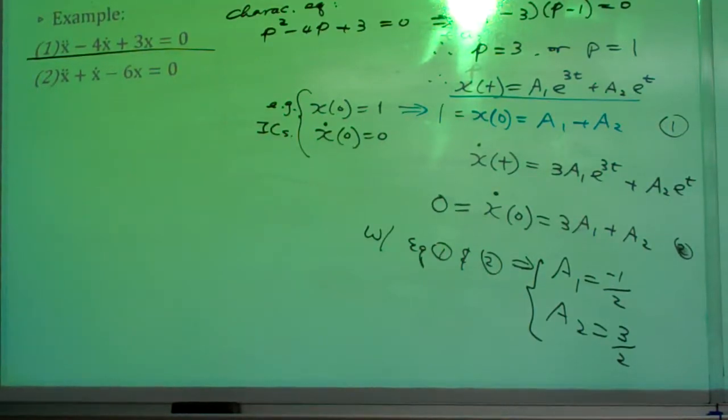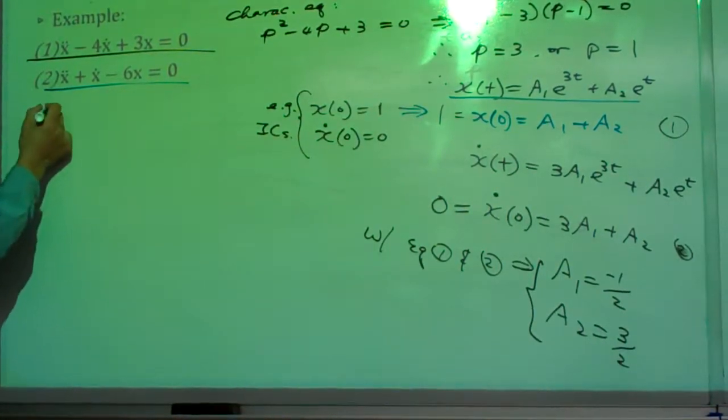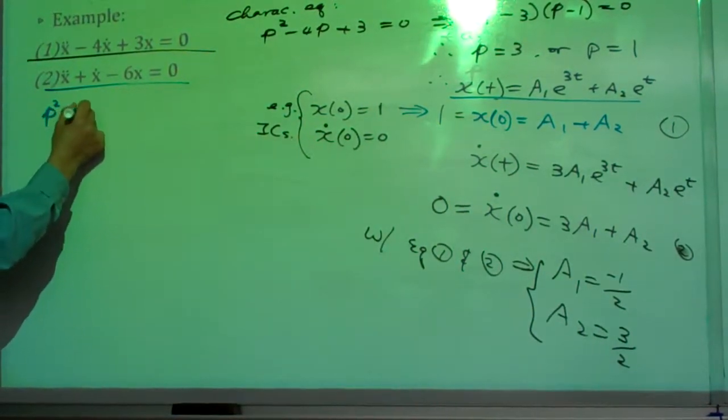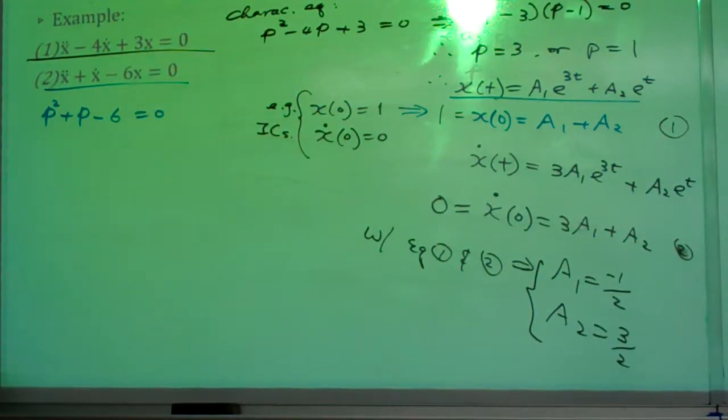For the second one, let me use a different color here. Again, the characteristic equation is p squared plus p minus 6 equal to 0.